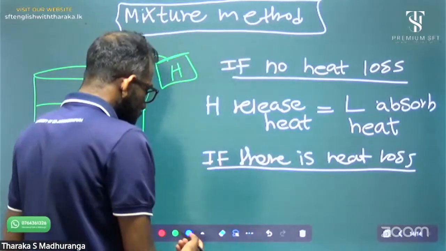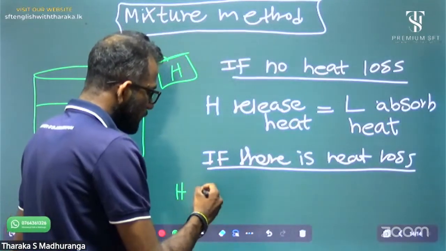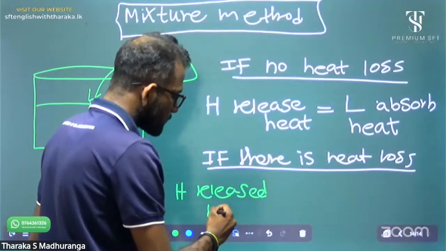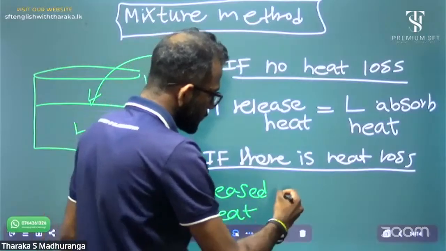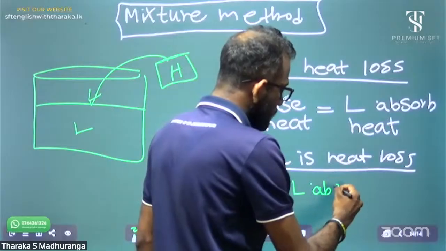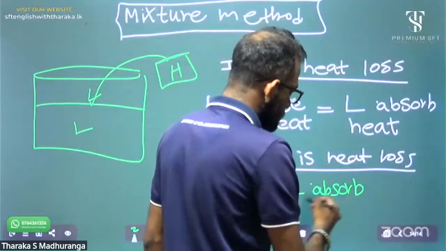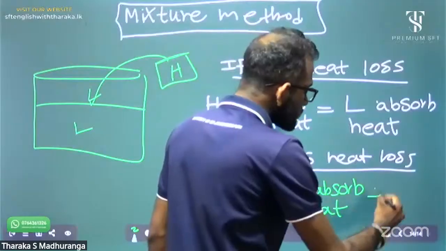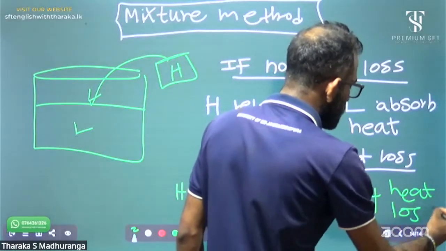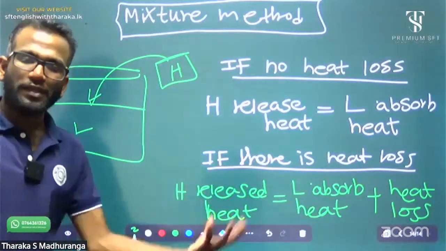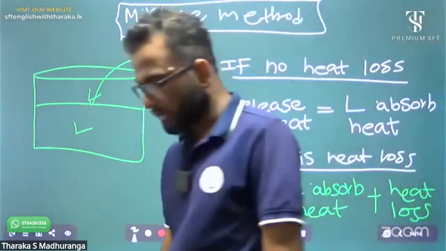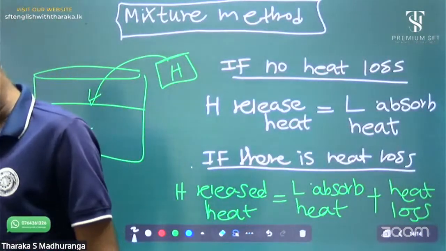The heat released by the high temperature substance is equal to the heat absorbed by the low temperature substance plus the heat loss amount. Okay, that's the story.